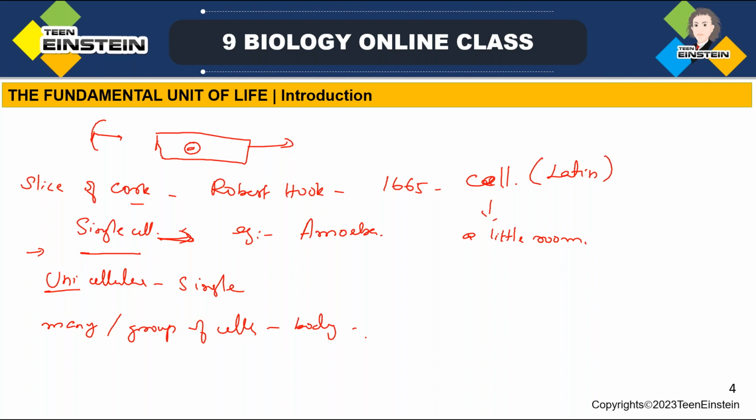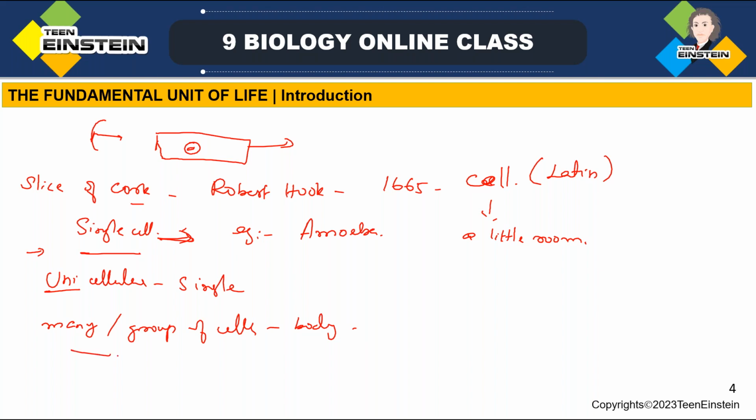Sometimes single cells perform all the functions and work as an organism, forming the body of an organism. So unicellular organisms have a single cell, and that single cell can perform all the work.